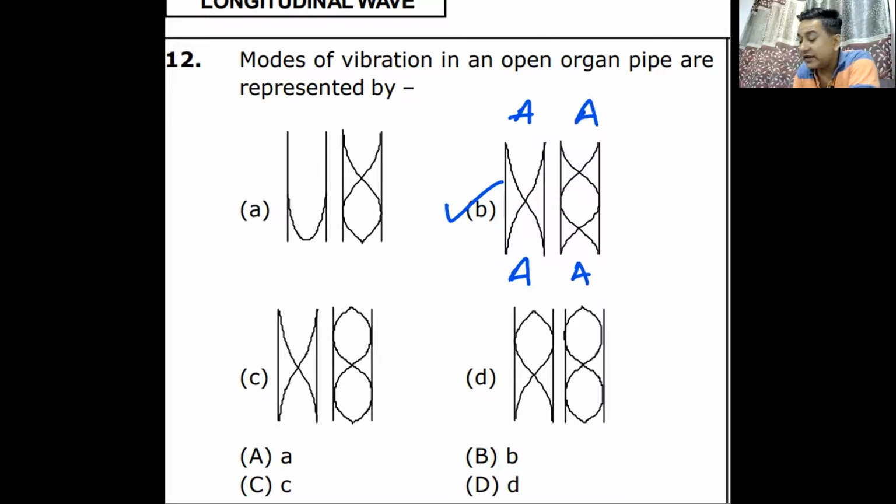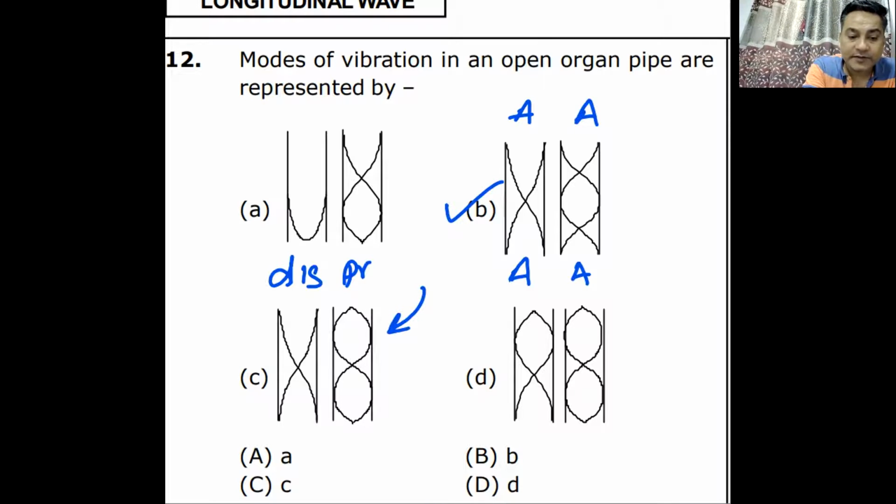But sometimes if the diagram is given with the left hand side in terms of displacement and the right hand side in terms of pressure, then the correct answer would have been this. Do we understand this? Please remember this and do not forget this ever, because this is going to be crucial for your understanding.